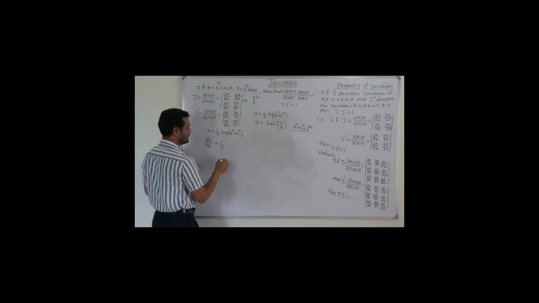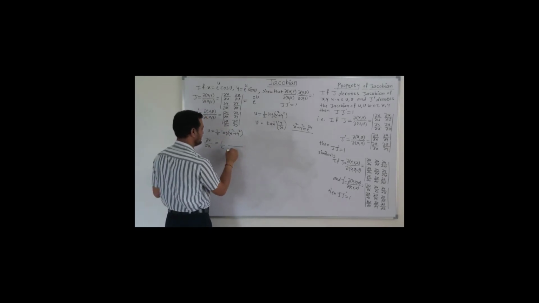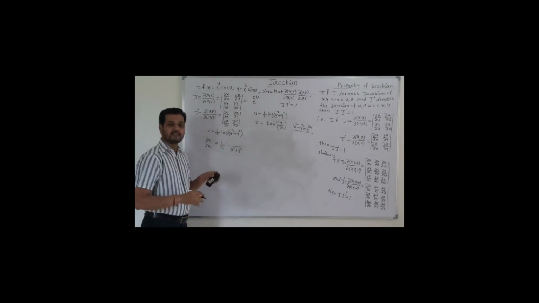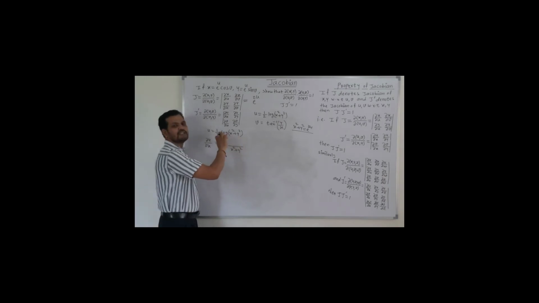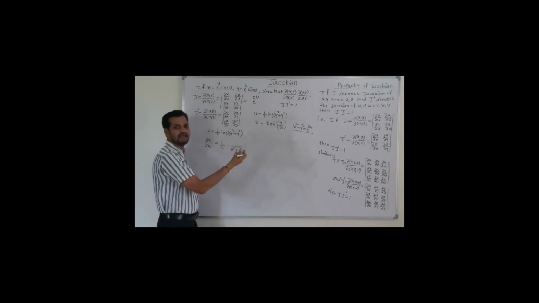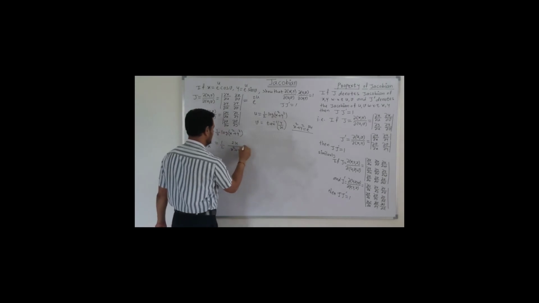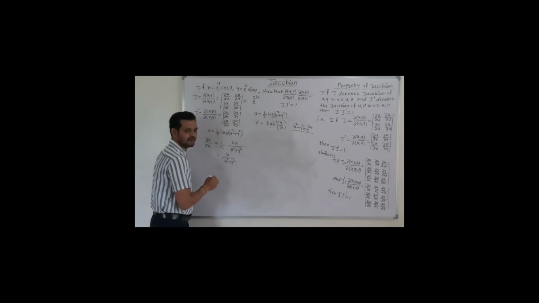So this 1 upon 2 is constant. Then the derivative of log is 1 upon x square plus y square, but this is other than x. So the derivative of x square plus y square with respect to x, keeping y as constant, is 2x. So this 2 will get cancelled, and we get this answer as x upon x square plus y square.